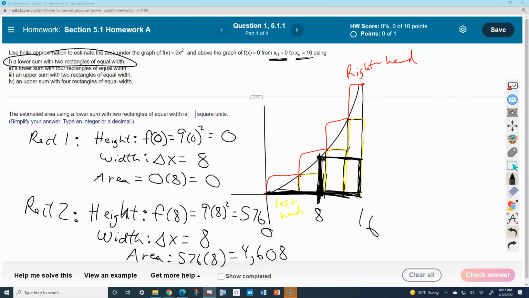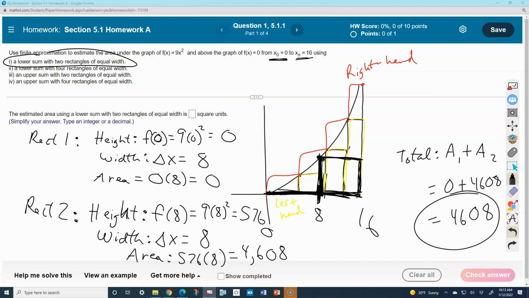So my total approximation then is going to be the area of the first rectangle plus the area of the second rectangle, which in this case is 0 plus that, which is just that. That would be my answer to part 1.